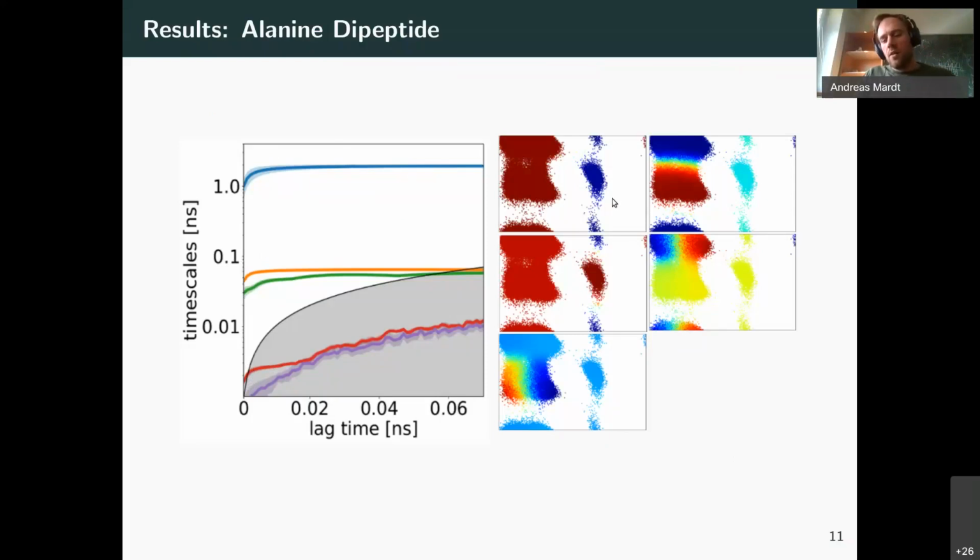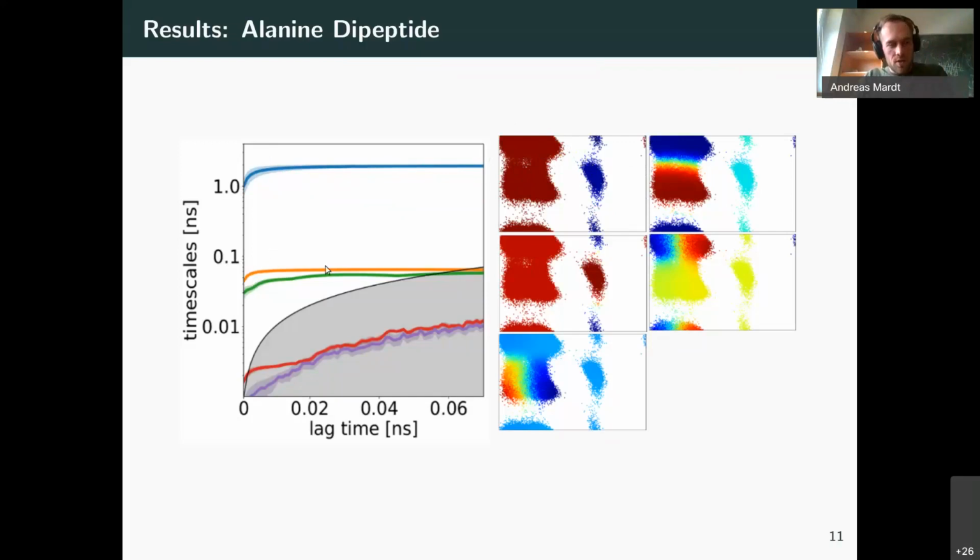And on the right side, I don't know how often you've seen this, I'm showing eigenfunctions. They tell me what the process actually is. This tells me how fast, or how slow I should better say, the process is, and this tells me what is actually happening in the process. It goes from dark red to blue, or vice versa. So this is a process going from this area to the right area.